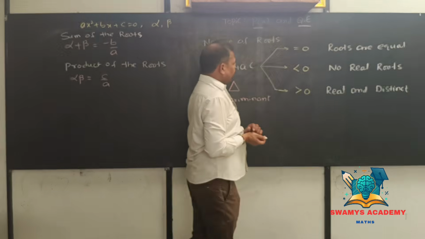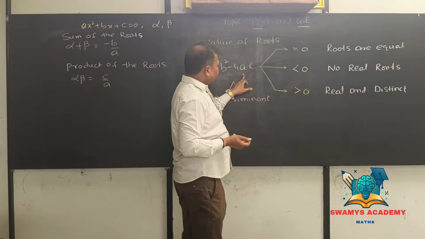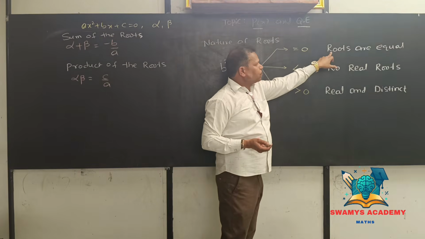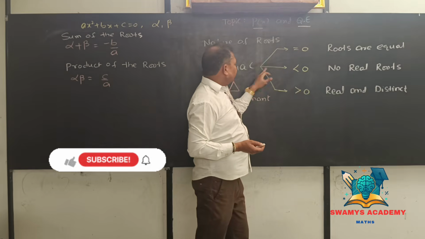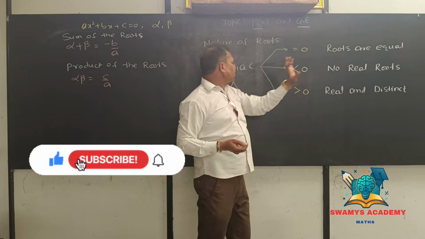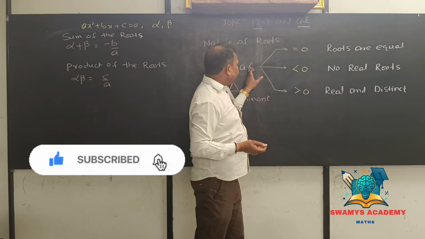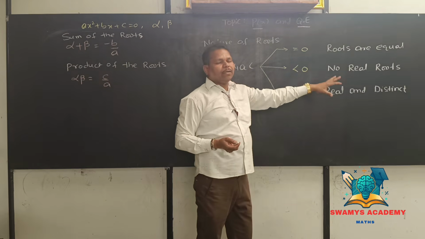So three cases: b square minus 4ac equals 0, roots are equal; less than 0, no real roots; greater than 0, real and distinct roots.